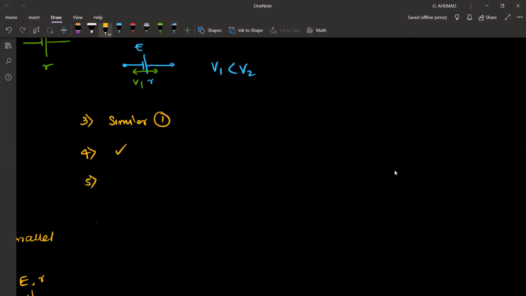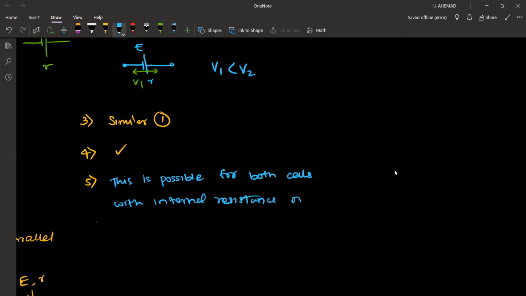Fifth one, terminal voltage measured with an ideal voltmeter shows 1.5. So now here this is true, or this is possible. This is possible for both cells, with internal resistance or without internal resistance, or when r is equal to 0.